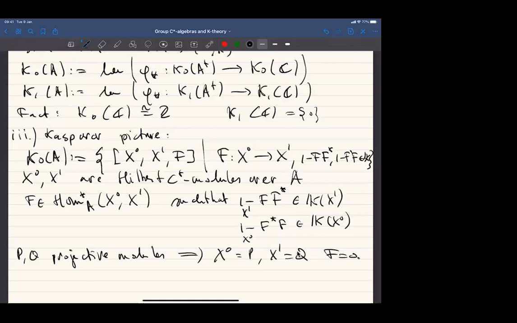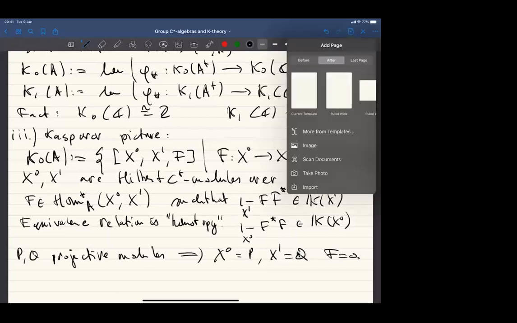And the equivalence relation on such triples is some form of homotopy. All right, so these are ways we can think of K-groups.